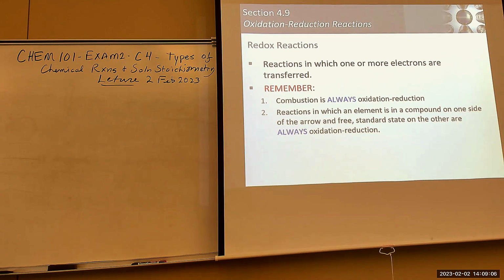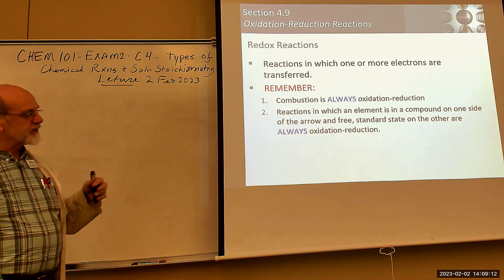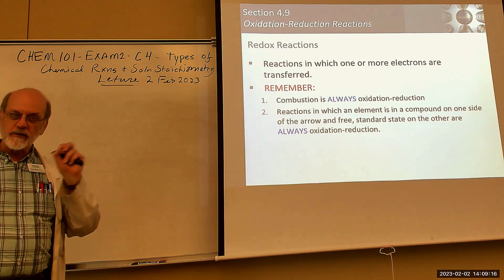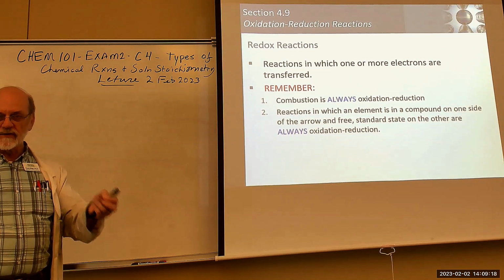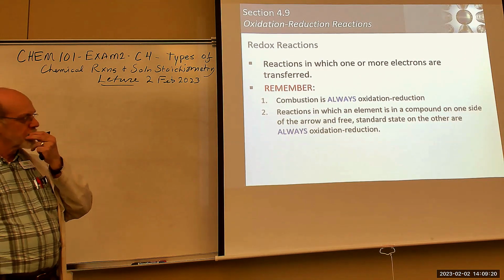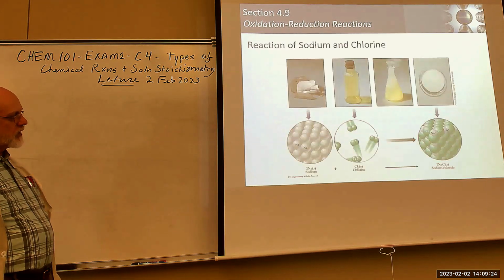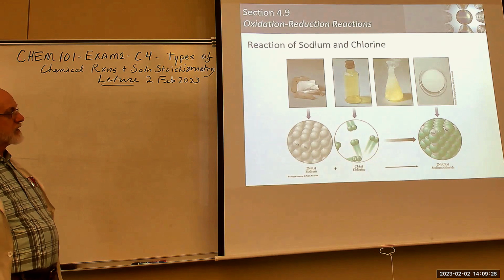So redox reactions, they involve transfer of electrons. And they're called oxidation reduction because oxidation means the electrons are transferred one way, reduction means they're transferred the other way. So what happens when reduction occurs and what happens when oxidation occurs?